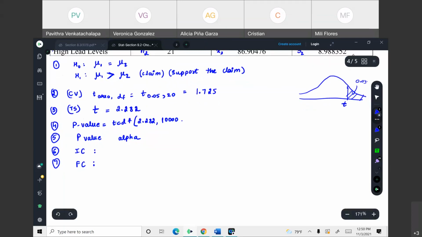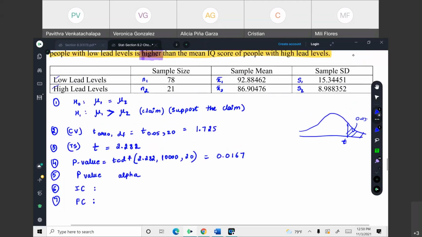So this is your upper value, and then you give df as 20 here. So if you do this, what is the value you get? 0.0167. Okay.